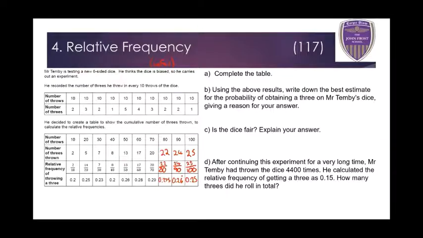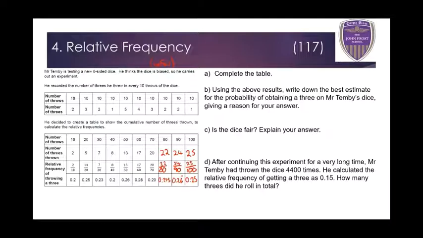Using the above results, write down the best estimate for the probability of obtaining a 3 on Mr. Tenby's dice. Well, if we start at the far left end, it starts off as 0.2, so it looks like there's a 1 in 5 chance he gets it. But as we increase the number of throws, remember the more times you throw the dice, or flip a coin, anything, that's going to get you closer to your true relative frequency.